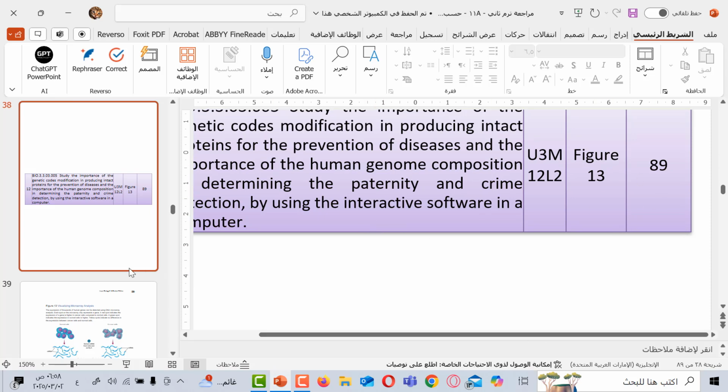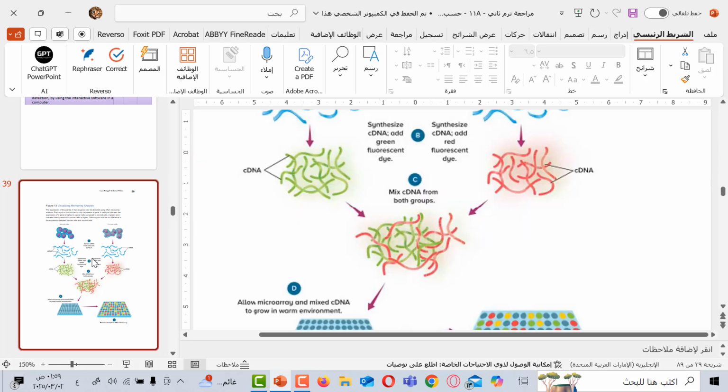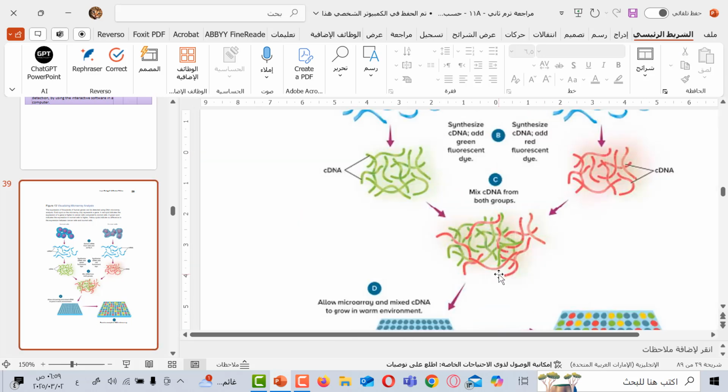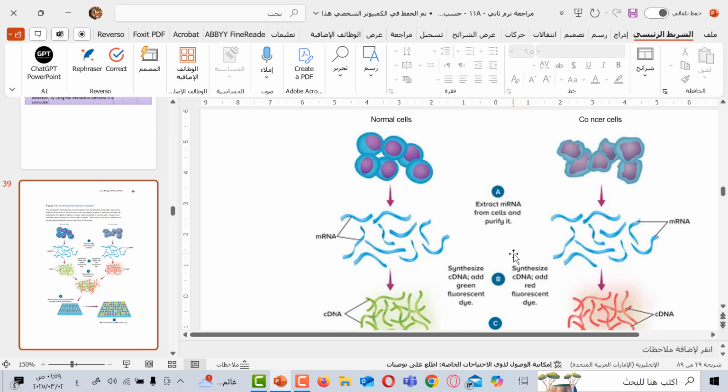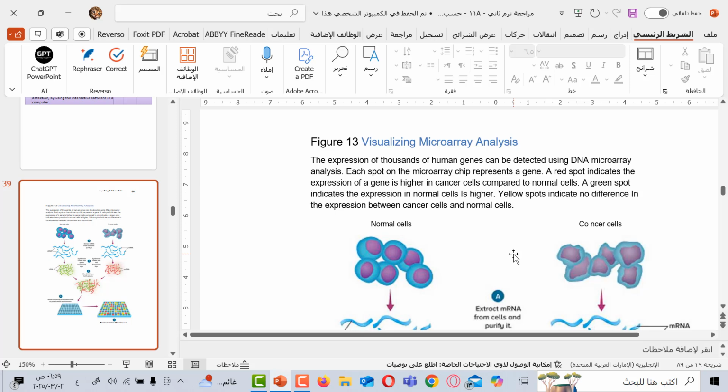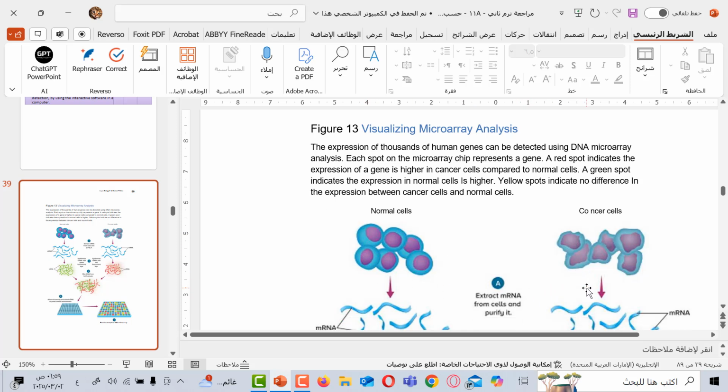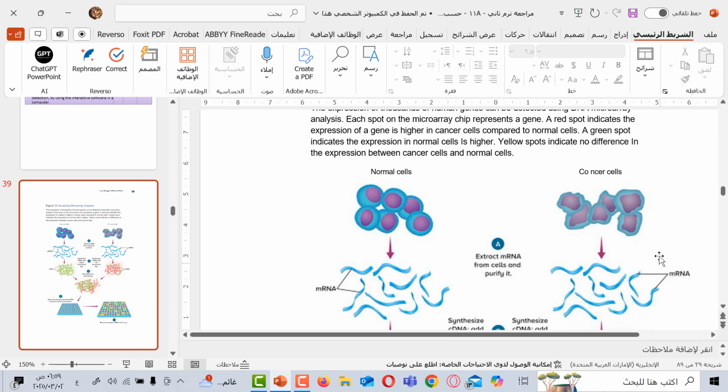It completes the idea of microarray, and you must know the technique of microarray and how it happens, and the steps from when they take the DNA.